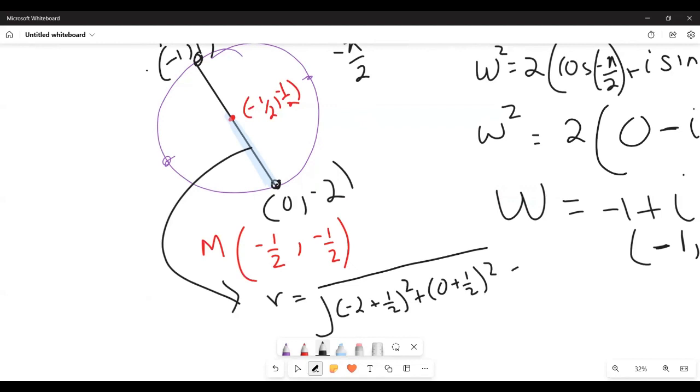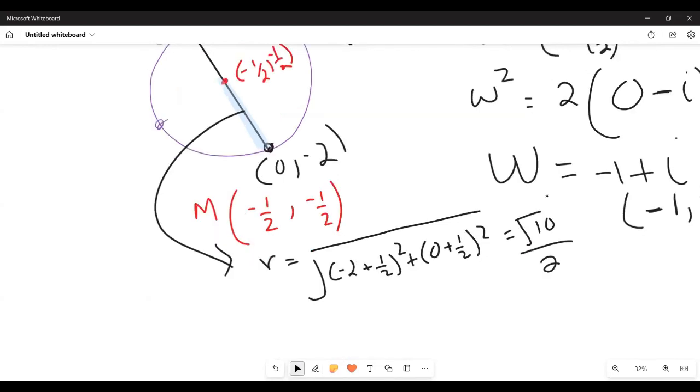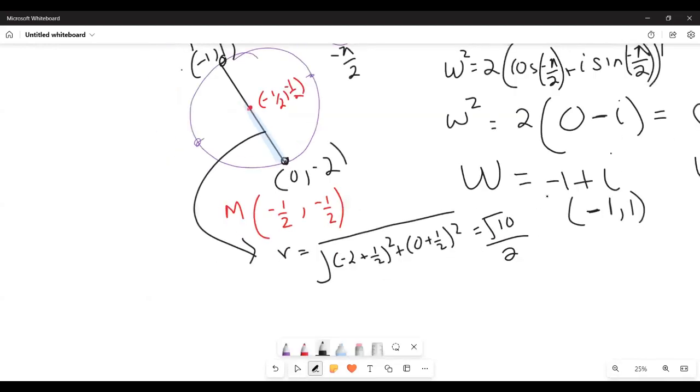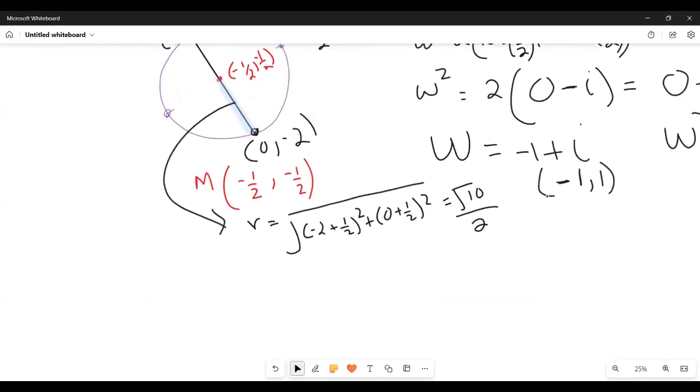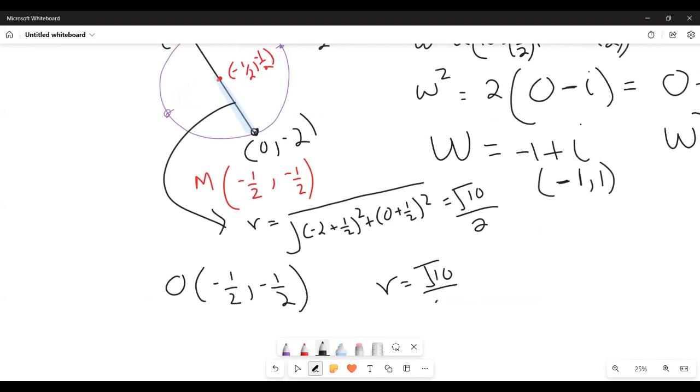When you simplify this in the calculator, you'll get square root of 10 divided by 2. That's the radius. So now you have the center and the radius. Center is minus half, comma minus half, and the radius is under root 10 upon 2.